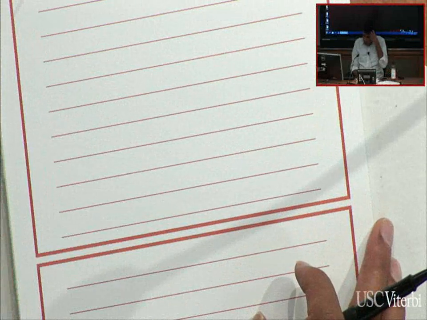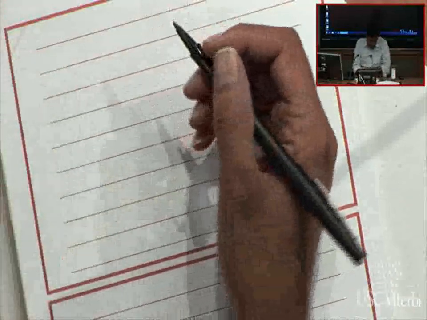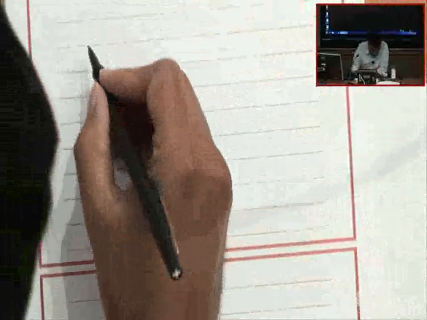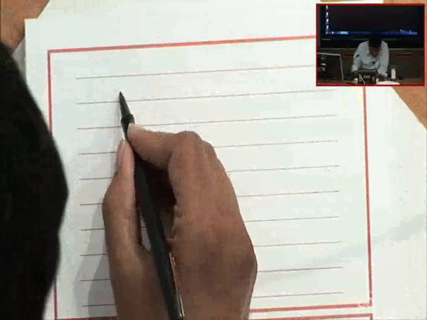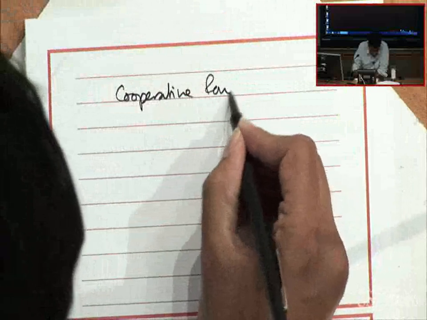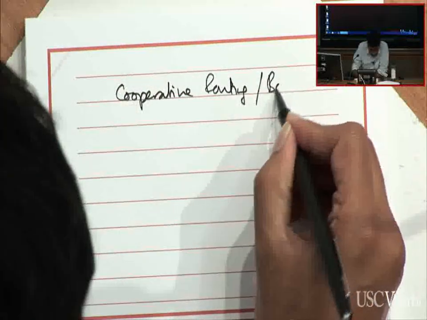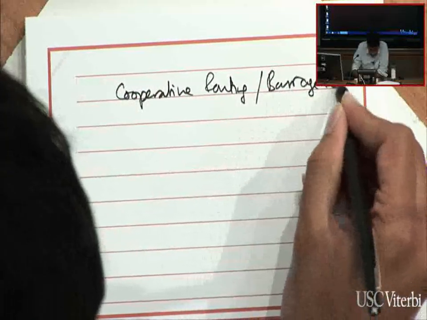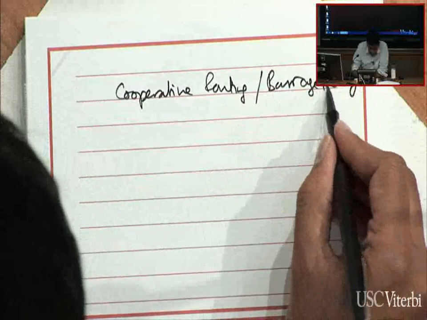So I want to talk about a couple of other approaches to routing. And the first of these sometimes goes by the name of cooperative routing or barrage relay, depending on which paper you read.